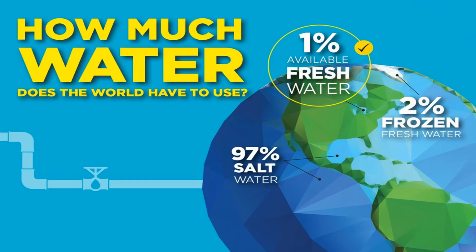But this 71% of water is again further divided into 97% salt water, 2% frozen fresh water in the form of ice glaciers, and only 1% is available for drinking purposes.